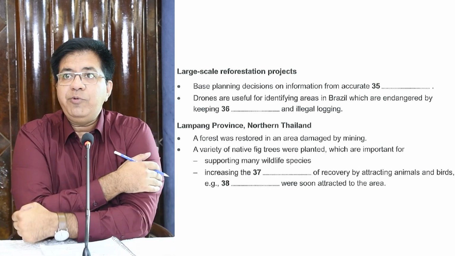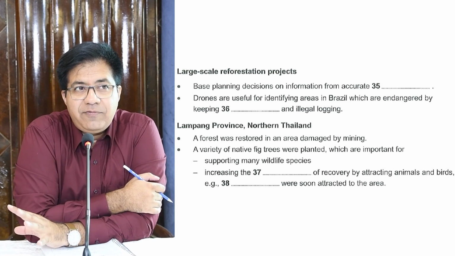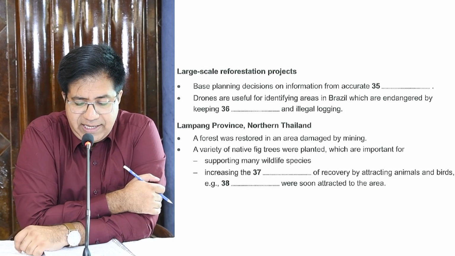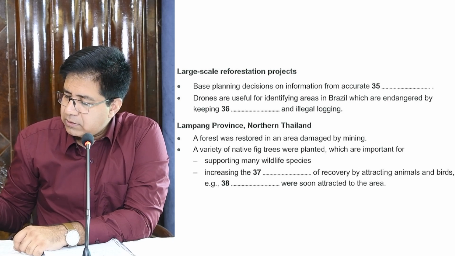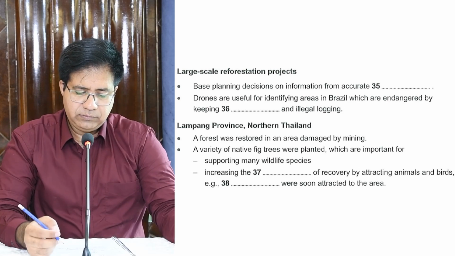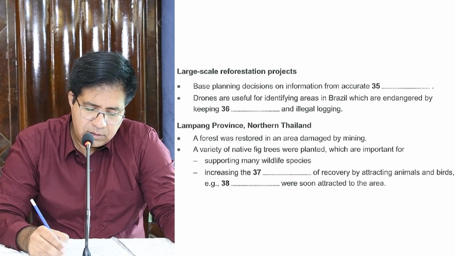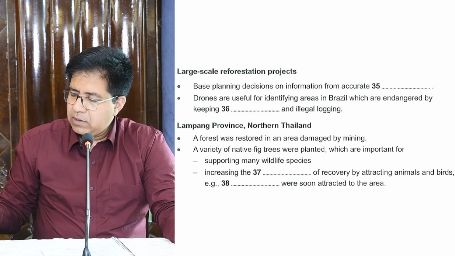Detailed and up to date means accurate. And what is the word after that? Maps. Maps will be the right answer. Detailed and up to date maps. Just focus: large scale depends on having the right information. Having detailed and up-to-date maps identifying high-priority areas for intervention.